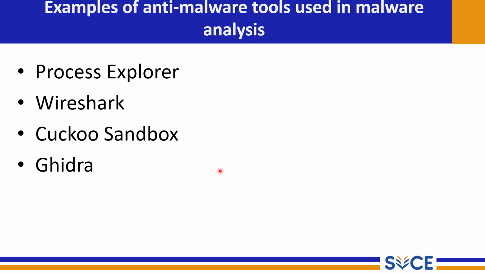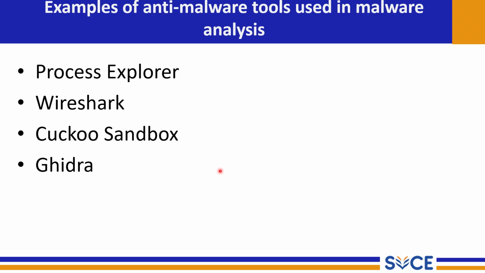And automation, Cuckoo automates the process of malware analysis, making it more efficient and scalable. And customization, it allows for customization of the analysis environment and behavior monitoring. And reporting, Cuckoo generates detailed reports about the malware's actions, including network connections, file modifications, registry changes, and more.